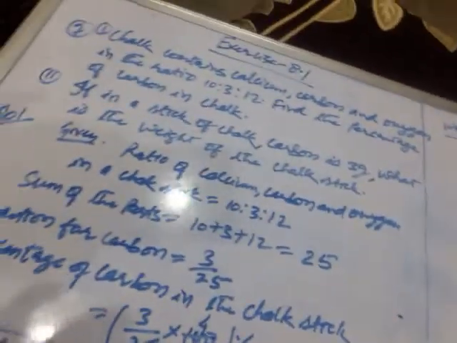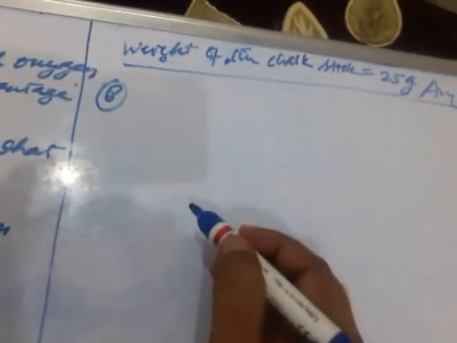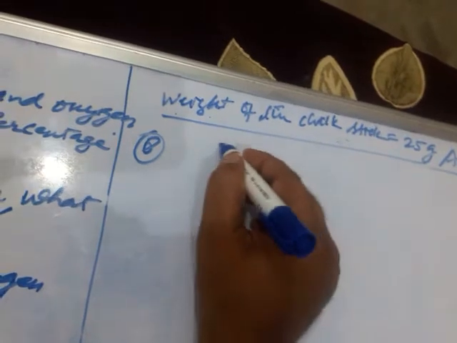So see, these two parts we have seen. Now let us see the next question children. What is the next question? That is question number 8. Let us start. Question number 8 states that Amina buys a book for rupees 275. So what is this?